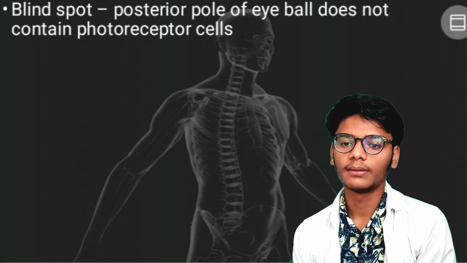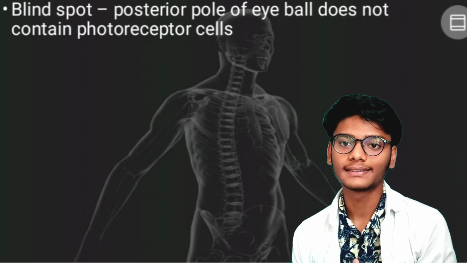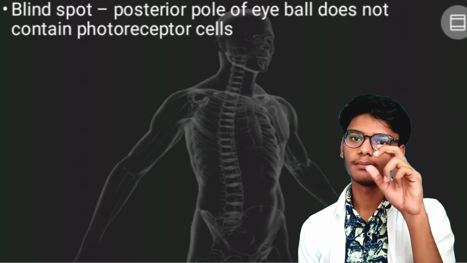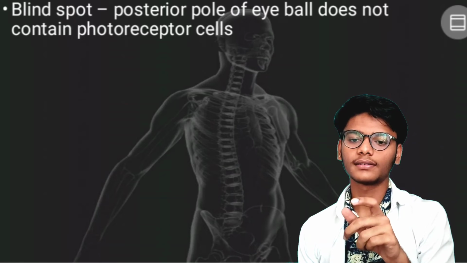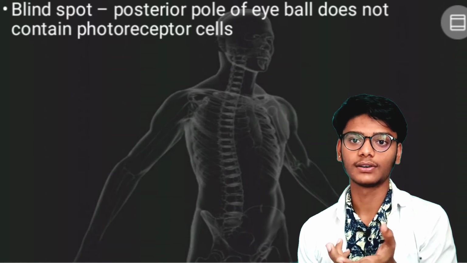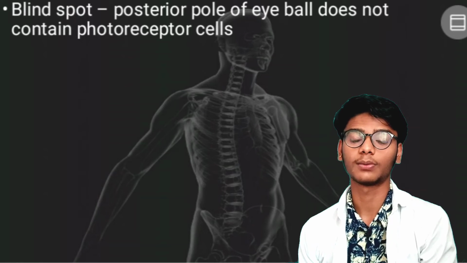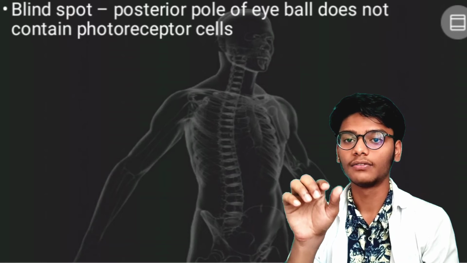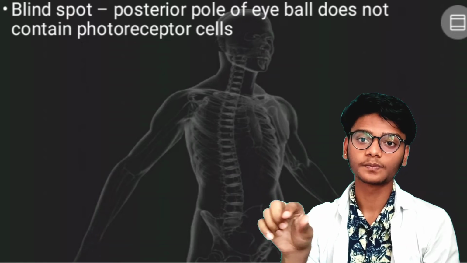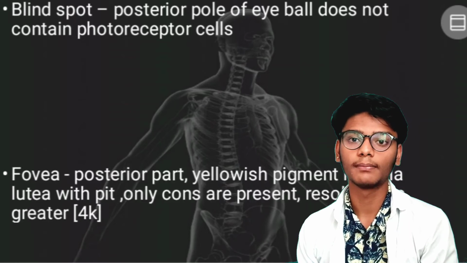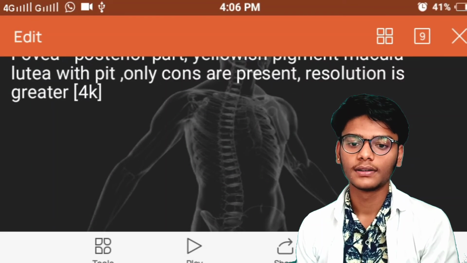The posterior pole of the eyeball, the back of the eye, does not contain any photoreceptor cells or photopigments, and this is known as the blind spot. Remember, all the nerves will leave the eye through the blind spot.